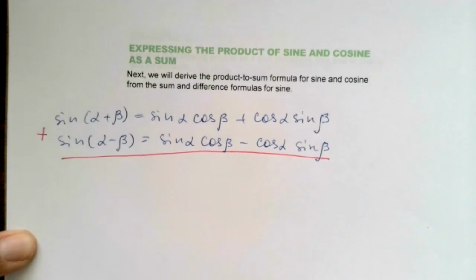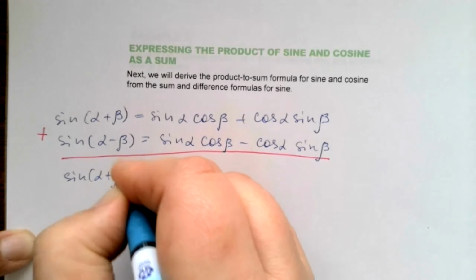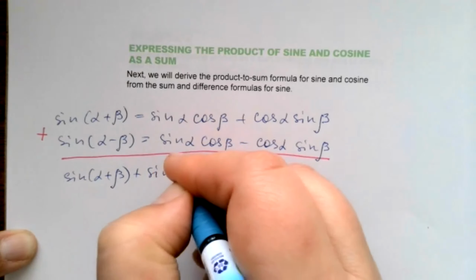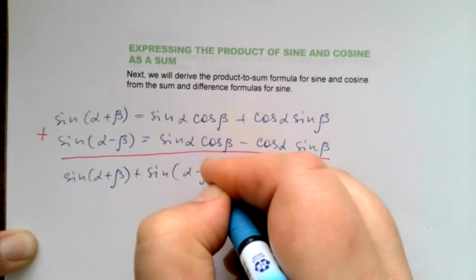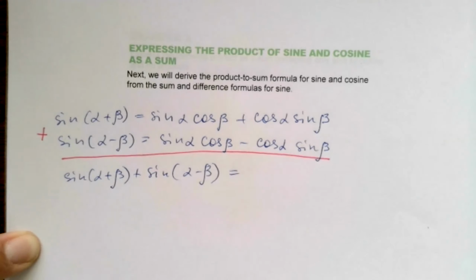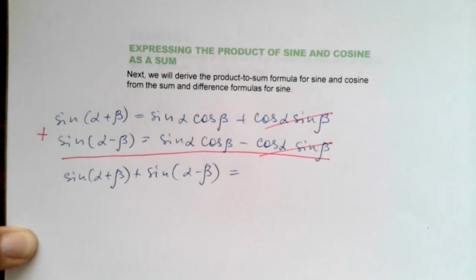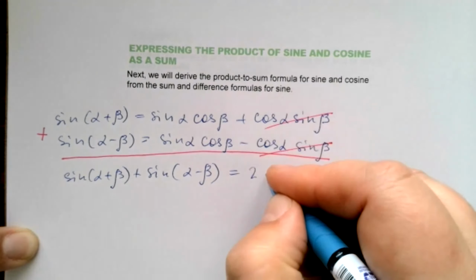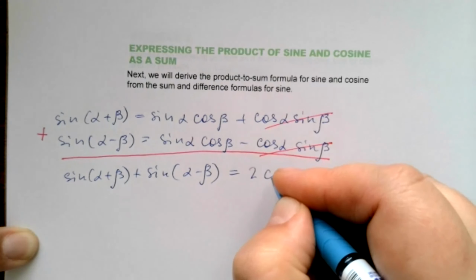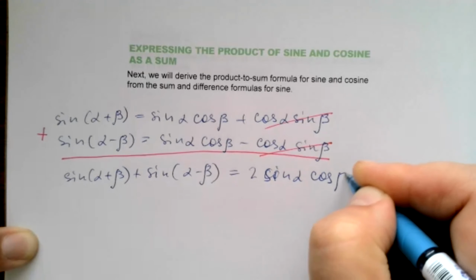So on the left side here, I'm going to have sine alpha plus beta plus sine of alpha minus beta. On the right side, again, the positive product cancels out the negative product. So we have the double products, 2 sine alpha cosine beta.